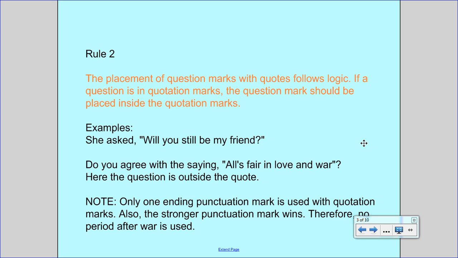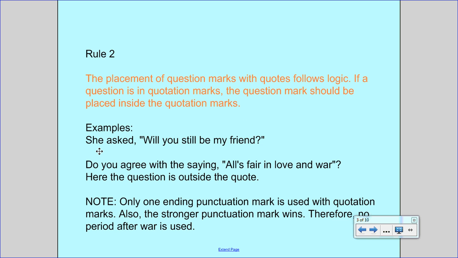To simplify that, I like to look at punctuation as being like a fence. If these 2 quotation marks are a fence, you need to ask yourself, should the question be contained within the fence, or should it include things outside of the fence?